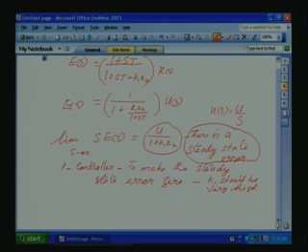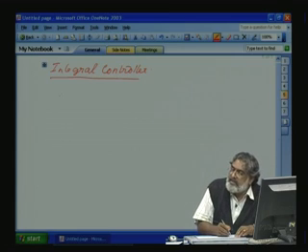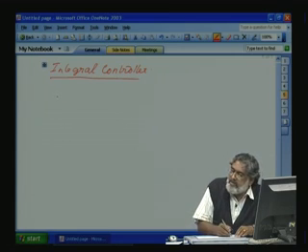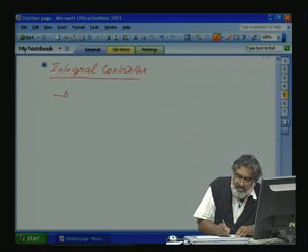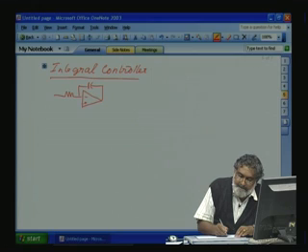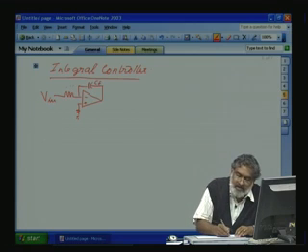Now, let us take an integral controller. Let us take in analog domain an integral controller will be something like this. This is our V in, okay, this is our Rf, R1.